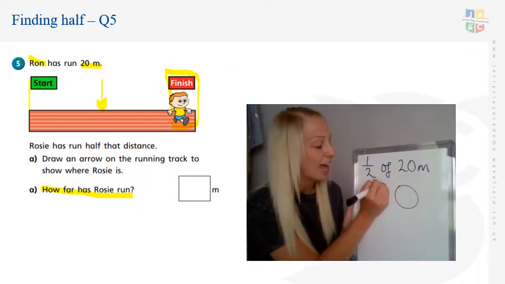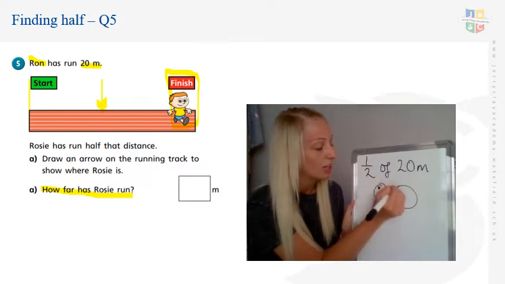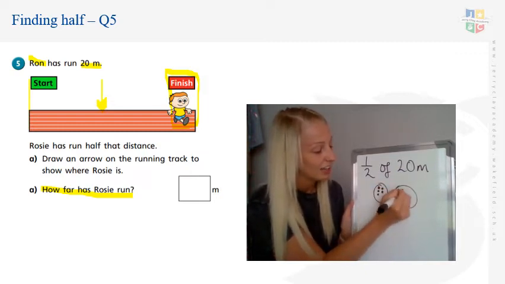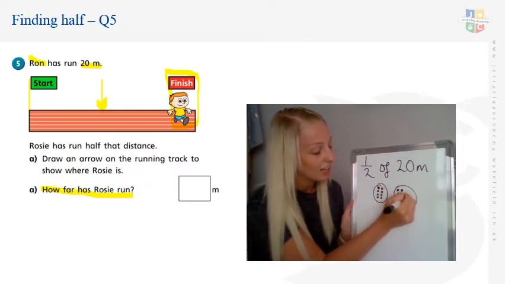Fantastic, so we need to share them out all the way up to 20, so 1, 2, 3, 4, 5, 6, 7, 8, 9, 10, 11, 12, 13, 14, 15, 16, 17, 18, 19, 20.